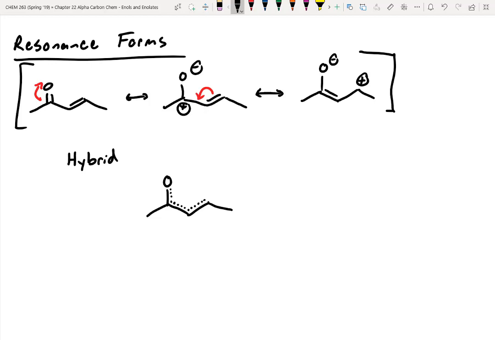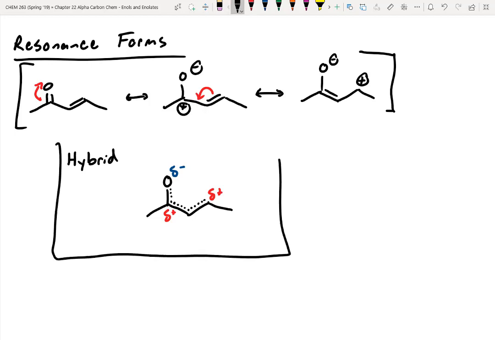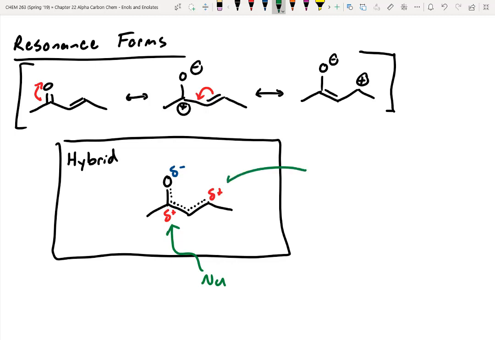All right, we know the oxygen in some cases carries a partial negative charge. And then the carbon here is partial positive. And that is also partial positive. So we've got a nice hybrid view here. All right, normally when we look at nucleophilic addition, we say that our nucleophile likes to attack right there. However, in this system, the nucleophile can also attack right there.